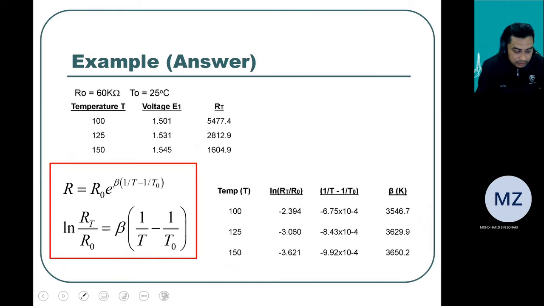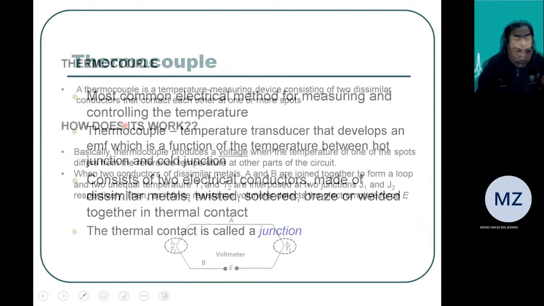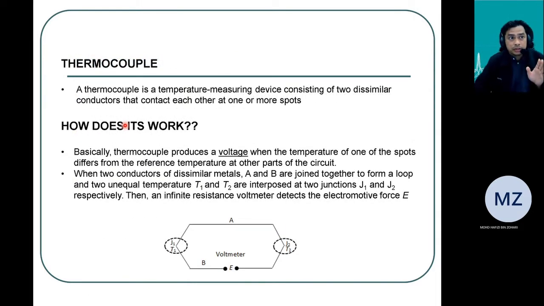Alright. So a thermocouple is one of the temperature measurement sensors, and it is electrical based. Again, it's the same type as the thermistor and RTD. It is electrical based, but this time the thermocouple generates its own voltage that relates to the temperature.